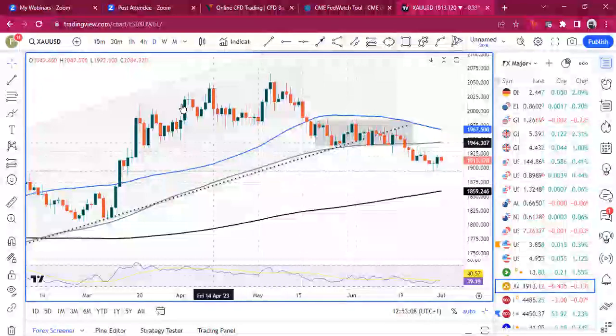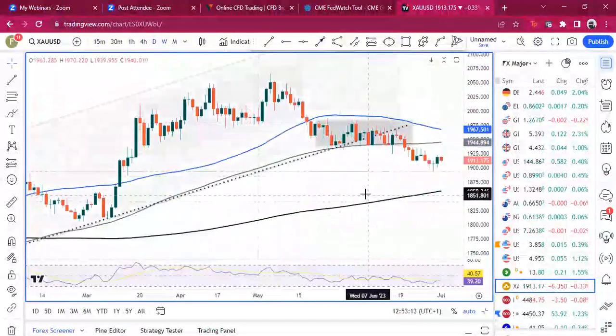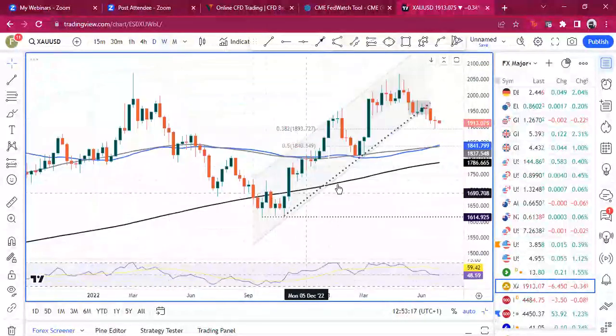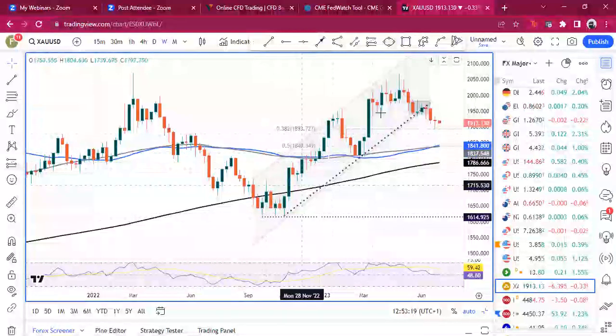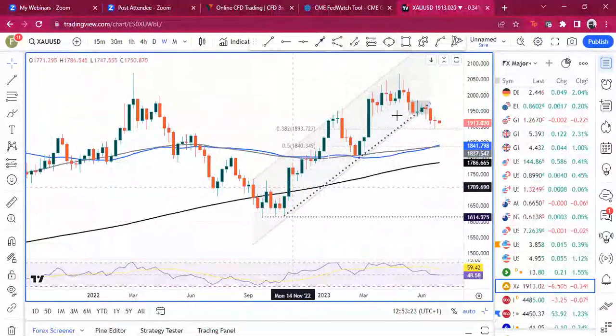Well, we'll just look at the daily really, because we broke that long-term trend line that you can see. We had a nice uptrend really, didn't we, from the 1614 lows.